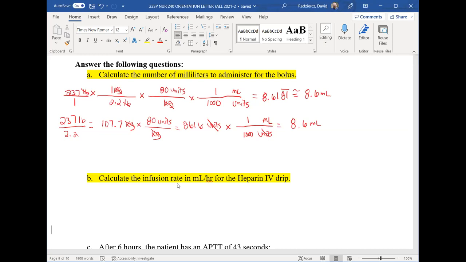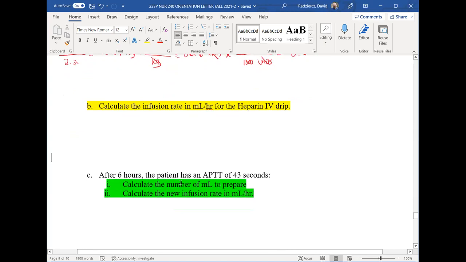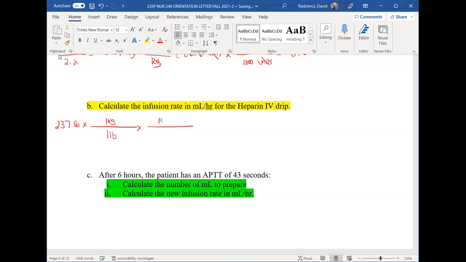So if I'm doing this the way that I think Professor Russell wants you to demonstrate it, I'm going to take the 237 pounds. I'm going to convert that to kilograms. Then I'm going to multiply it by the 18 units per kilogram per hour.